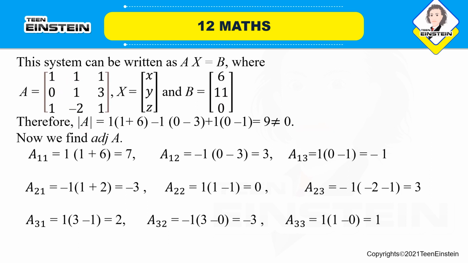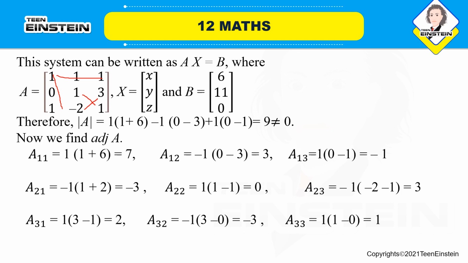So 1 into, in the downward arrow you will be getting 1 minus upward arrow. Okay, so it becomes plus 6, right? Then in 1 2 position we have the element 1, so for 1 2 position we will be getting minus sign, right?